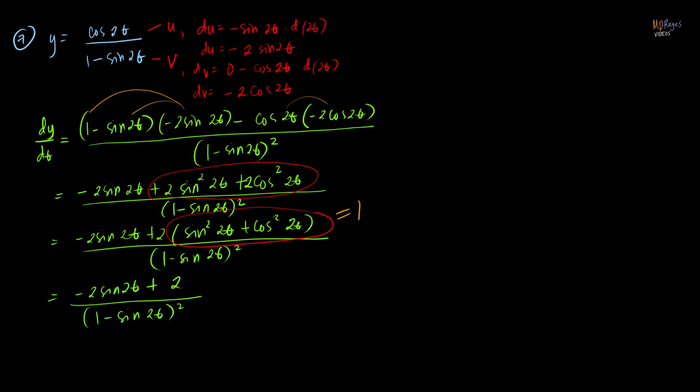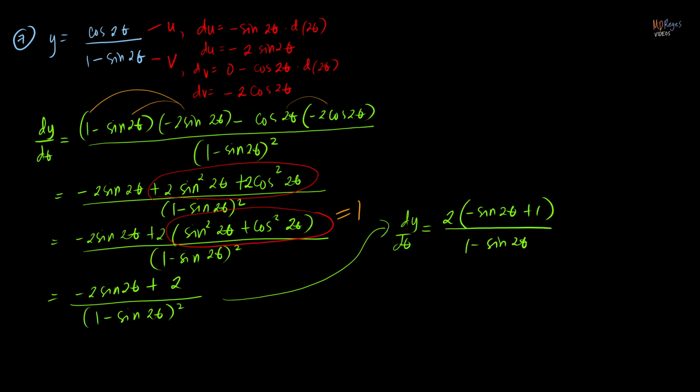And again, from the two terms above in the numerator, we can factor out 2. We'll have minus sine 2 theta plus 1 over 1 minus sine 2 theta squared. Now, if you'll notice, these are the same, so we can divide.